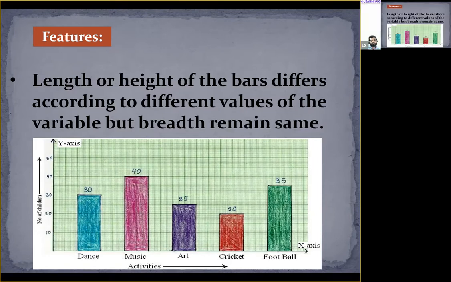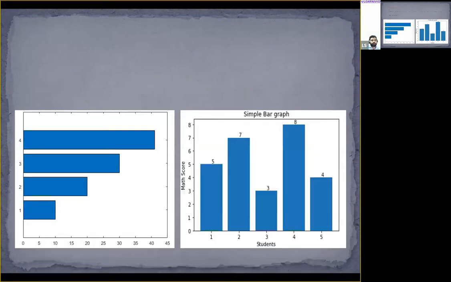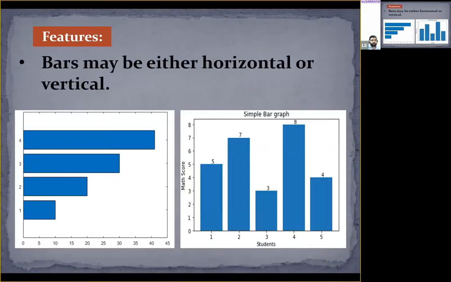All right, let's move to the next feature. The next feature of the bar diagram is that it can be made either horizontally or vertically. If you prepare a diagram in this format, just like I have drawn on paper, that is a simple bar diagram, also called a vertical bar diagram.